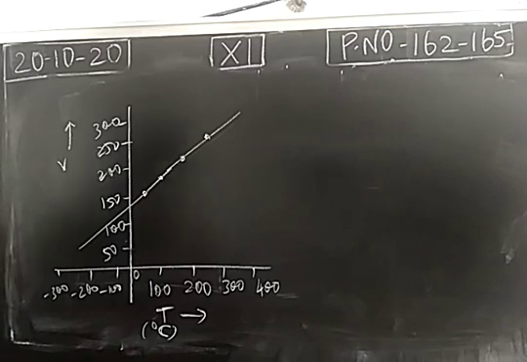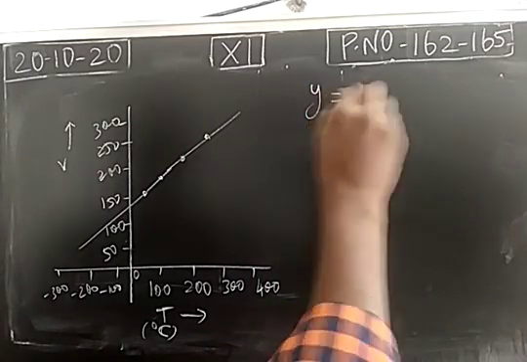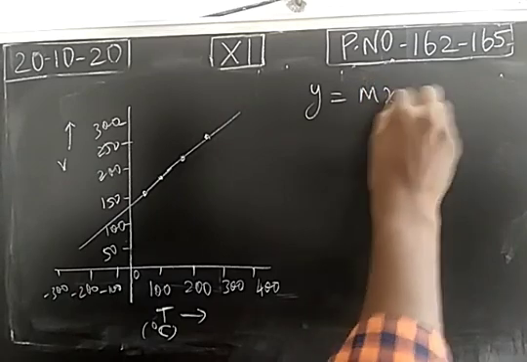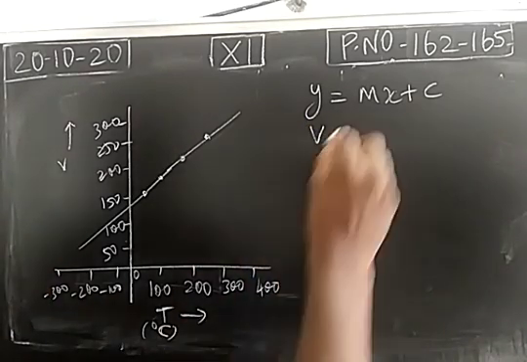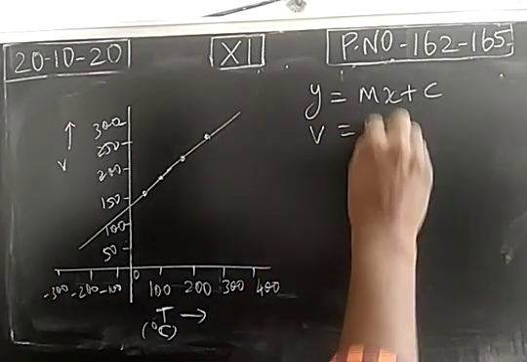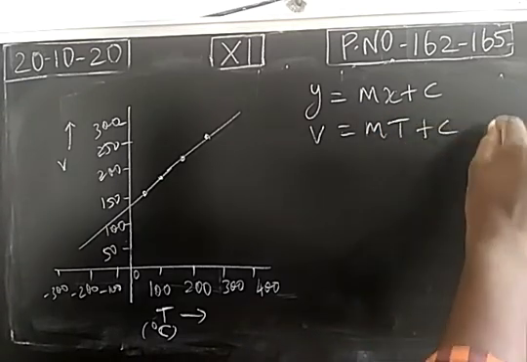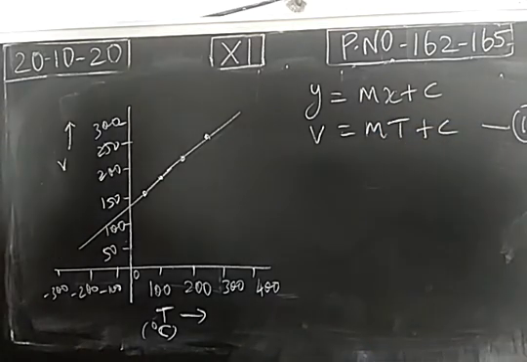Okay. So since we get a straight line, the straight line equation is y is equal to mx plus c. Instead of x and y, here we relate volume and temperature. So the straight line equation can be written as V is equal to mT plus c. We take it as equation number 1.